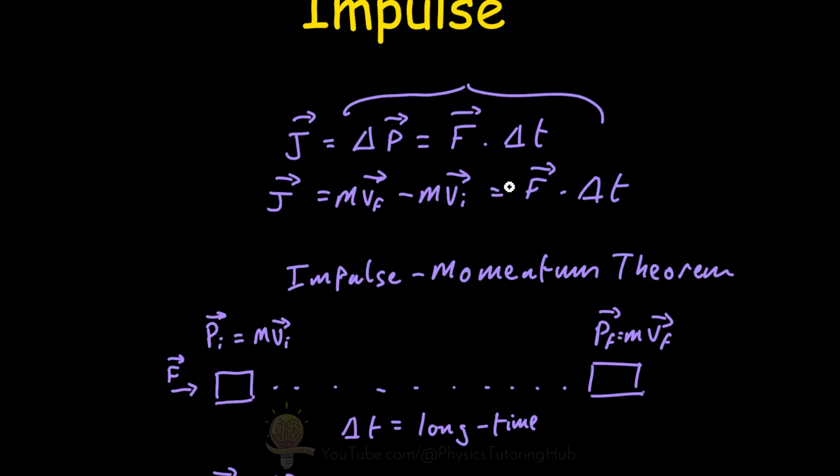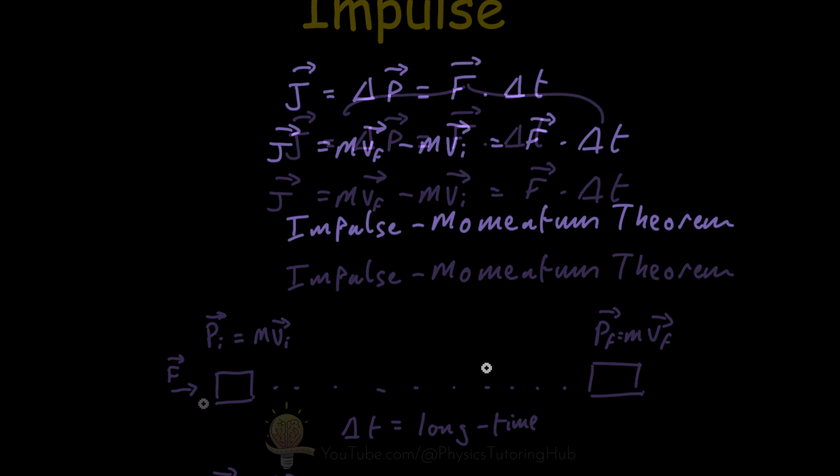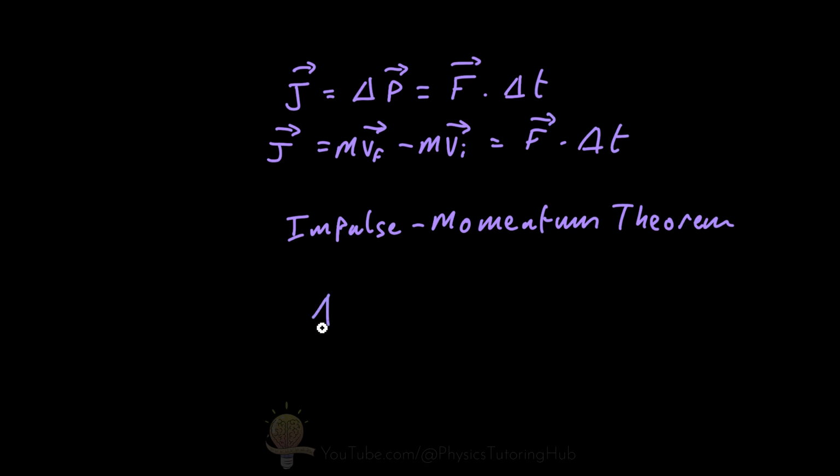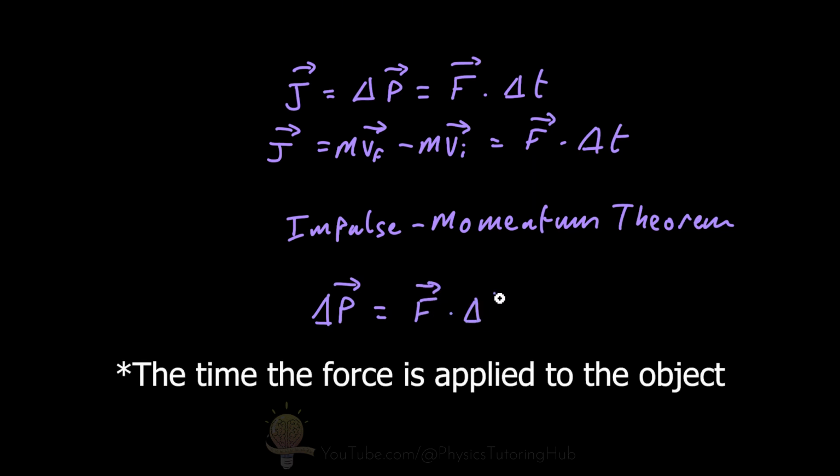Now this principle here helps us analyse collisions and impacts, and we can rearrange this equation up here to make the force the subject of the equation. And when we do this, we can start to see how the change in time and the force on the object relate to one another. So we know that the change in momentum of an object is equal to the force applied to the object multiplied by some time period.